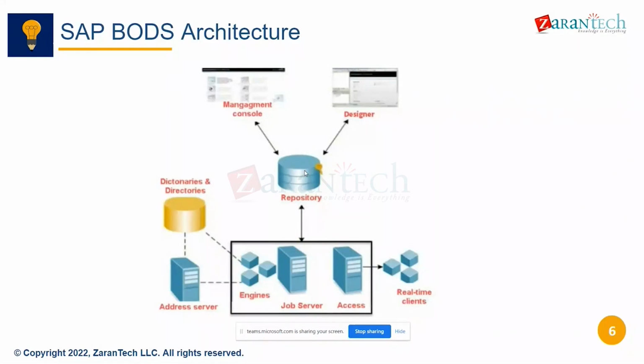After we implement this data flow, we are good to run it. Whenever we save the job, it will automatically store this metadata information through the repository into the database. So that information is already saved inside the database.